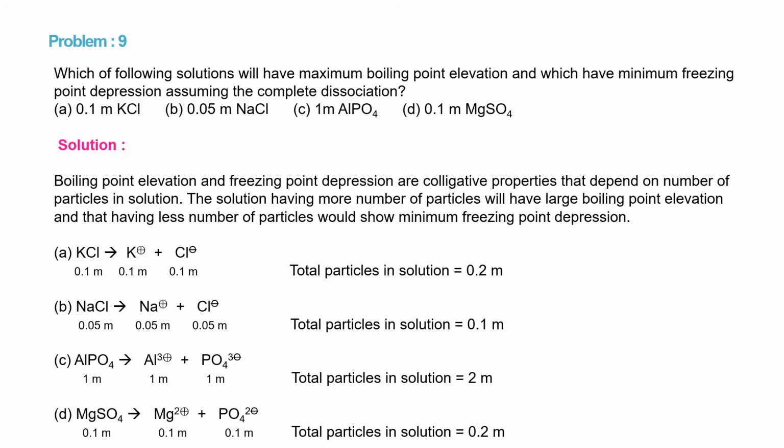AlPO4 gives you Al3 plus and PO4 3 minus, that is 1 molar, 1 molar, 1 molar. So the total particles in solution is 2 molar. Now MgSO4 gives you Mg2 plus and SO4 2 minus. MgSO4 we have taken as 0.1 molar, which gives 0.1 molar Mg2 plus and 0.1 molar SO4 2 minus. So the total particles in solution will be 0.2 molar.